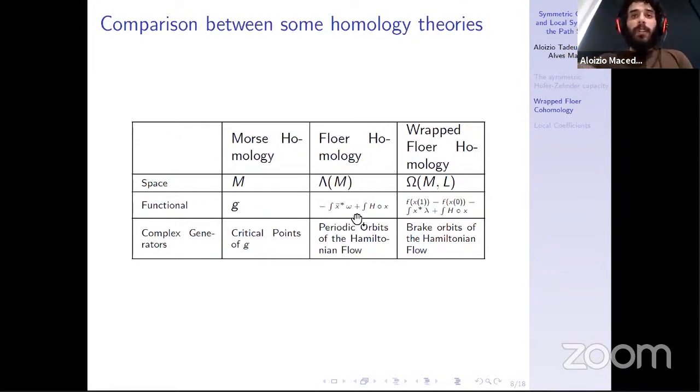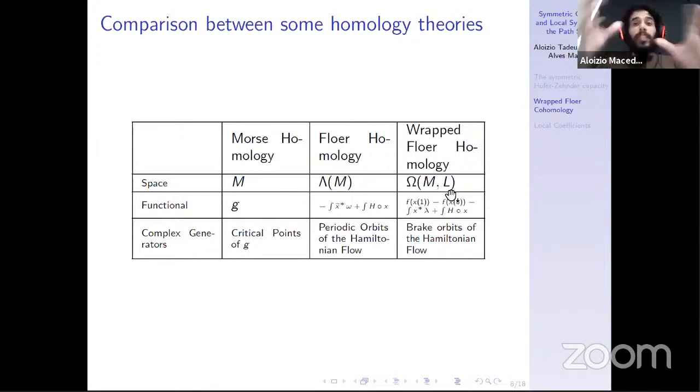In wrapped Floer homology, we will have a Liouville domain. I perhaps should put here symplectic homology, but there's not much space. For those who know symplectic homology, the situation is pretty similar. We have a Liouville domain and the completion of the Liouville domain. By having a Liouville domain, we have an exact symplectic form, and then we take the functional.